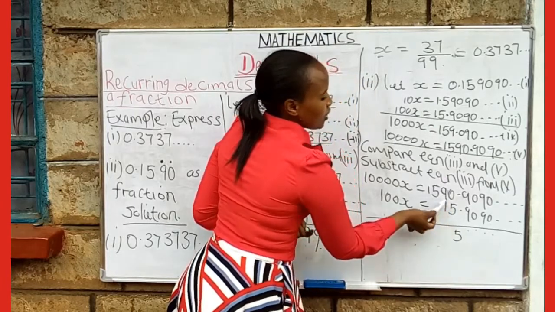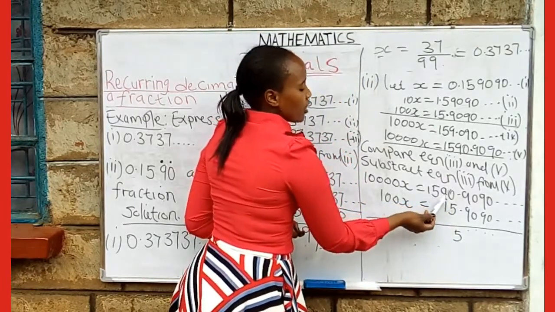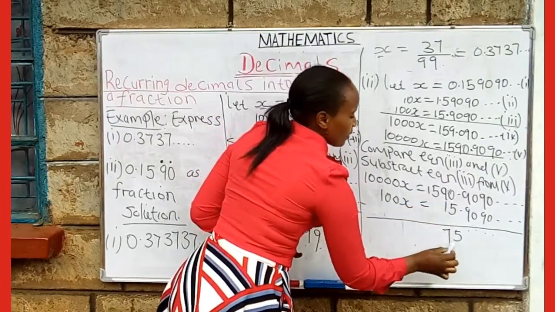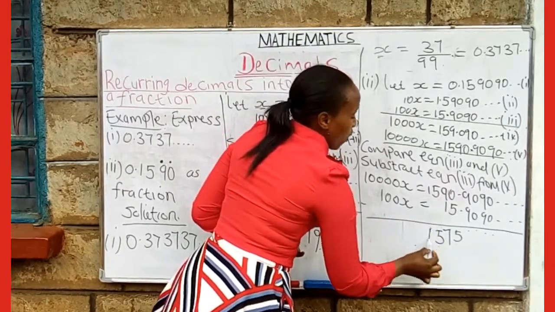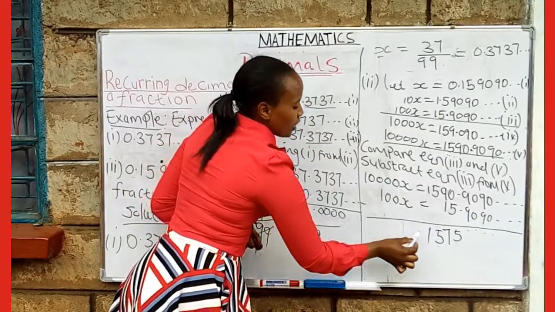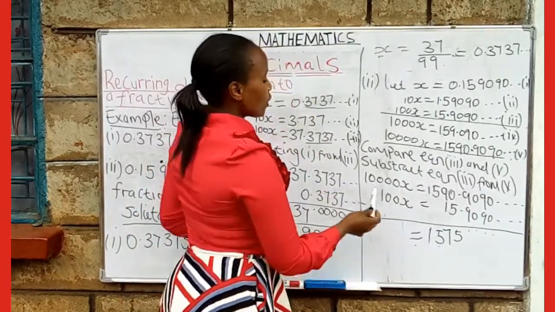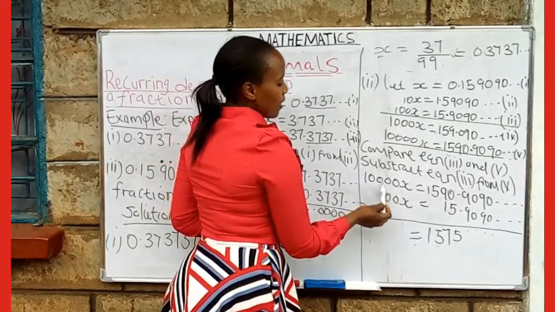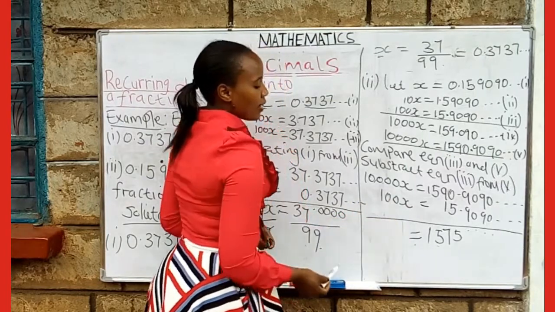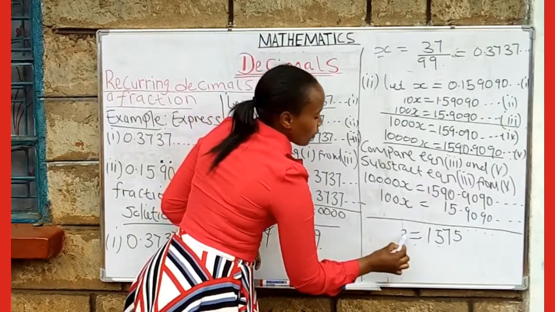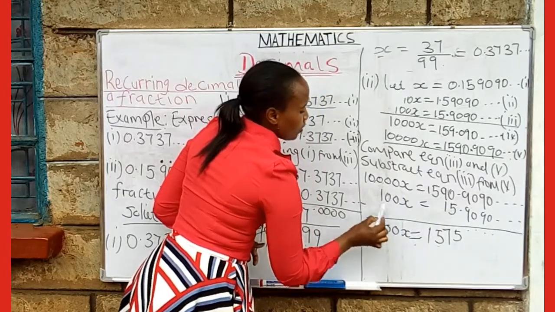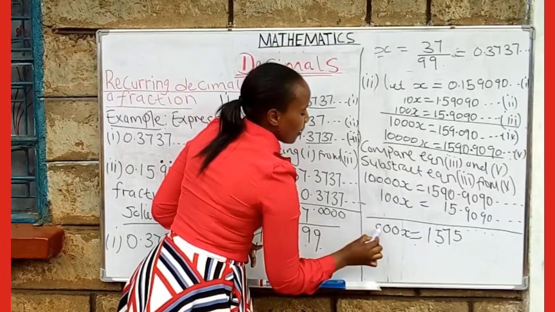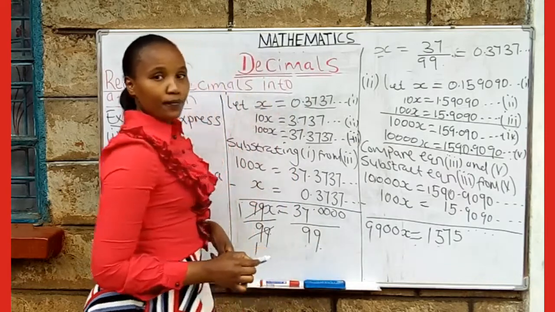After we borrowed it, we were left with 8. 8 minus 1 is 7. Now we have 5, 1, right? It's equivalent to 10,000 minus 100. So we have 0, 0, borrow 1, 10, 9, 9.